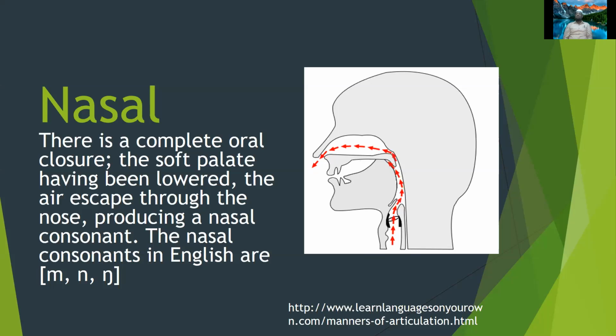The nasal consonants in English are 3: m, n, ng, as in mother, man, net, number, king, sing. So these three sounds are called nasal sounds. You can find the diagram showing how the air escapes through the nose, nostrils.